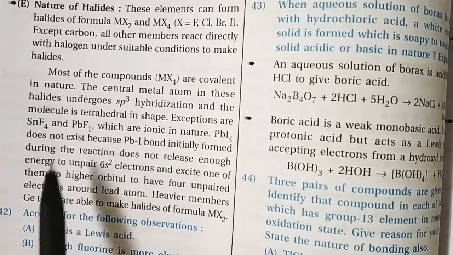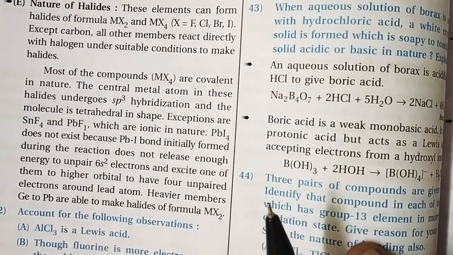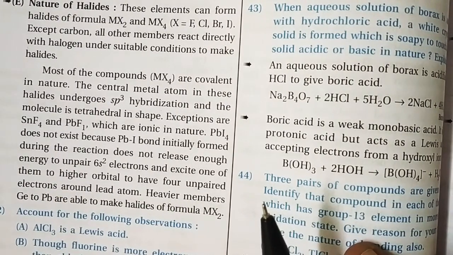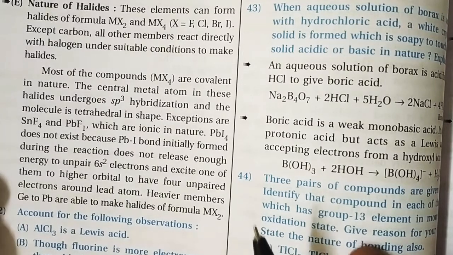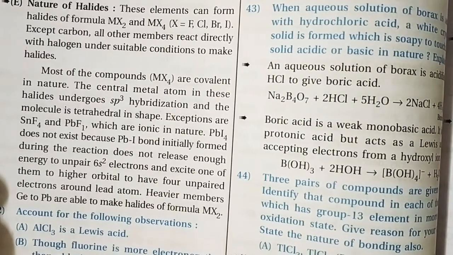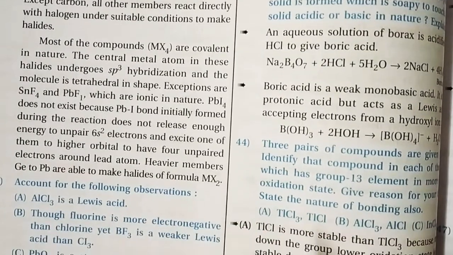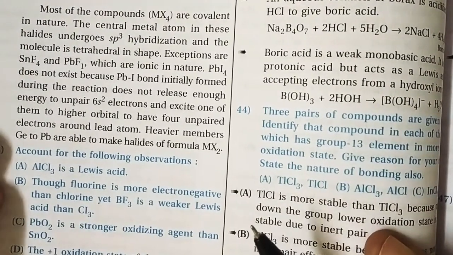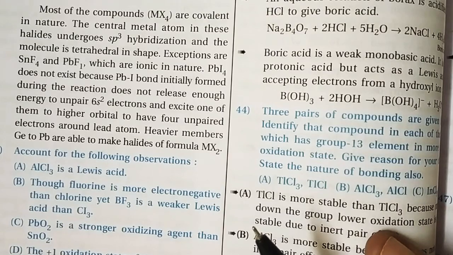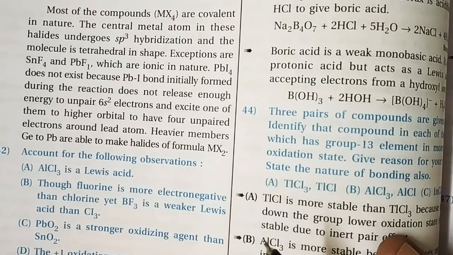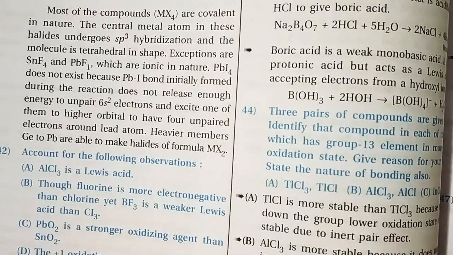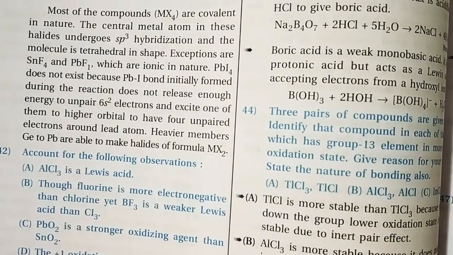PbI4 does not exist because of the greater cationic power of Pb and the quite large size of iodine. So the Pb-I bond initially formed during these reactions does not release enough energy to unpair 2 electrons and excite them to a higher orbital to have 4 unpaired electrons around the lead atom. So heavier members from germanium to lead are able to make halides of MX2.